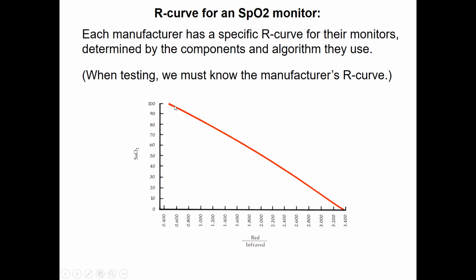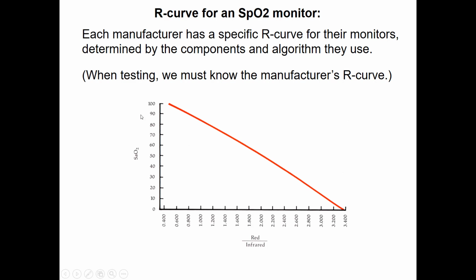We create this small curve, and we can get the slope. Then we create the rest of the curve, calculating the slope from the measurements between 85% and 100%, and then we have this curve available. So each manufacturer has its own R curve.